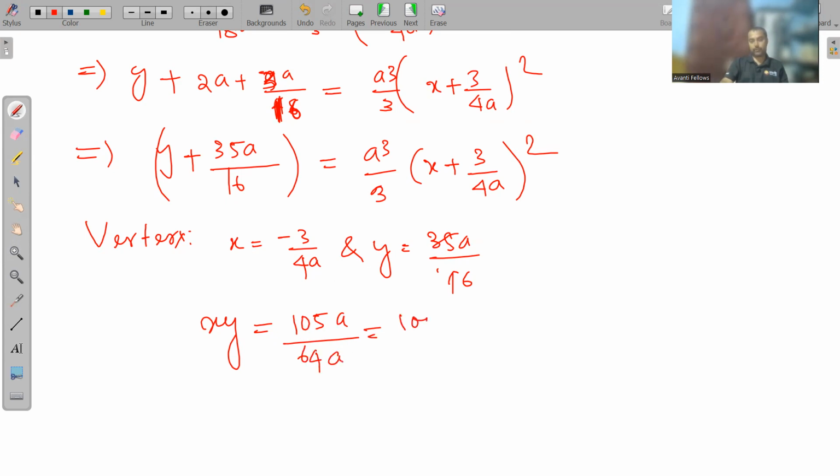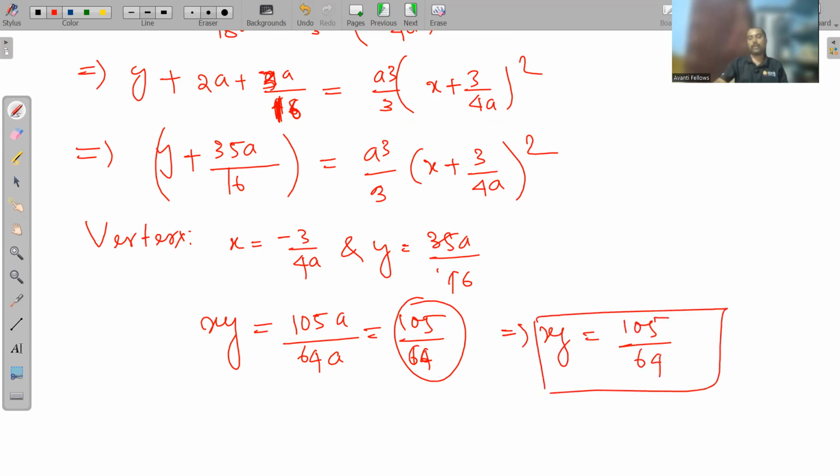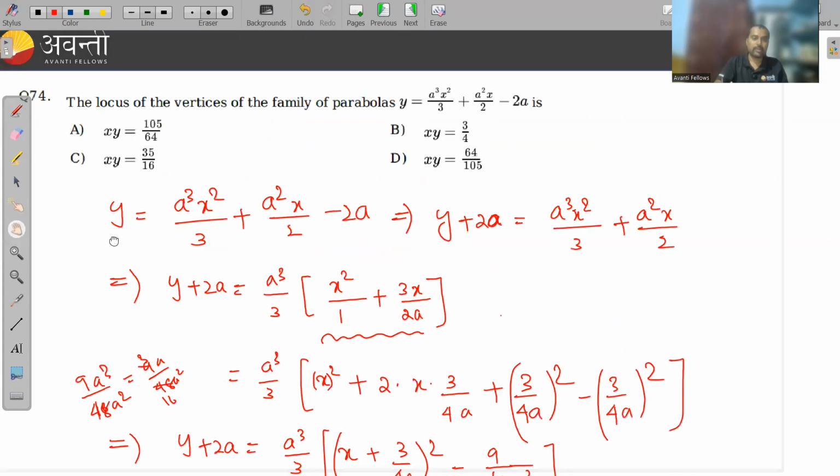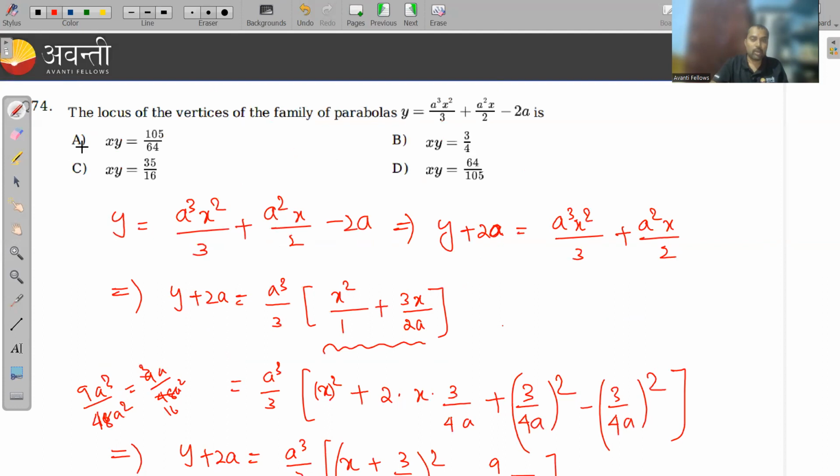So 105 by 64. This is your answer. So xy is equal to 105 by 64. So what is the correct answer? 105 by 64. Option A is correct for this question.